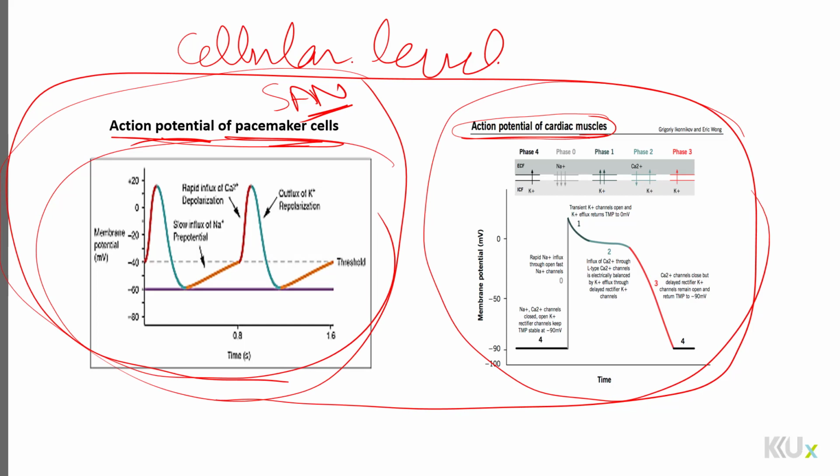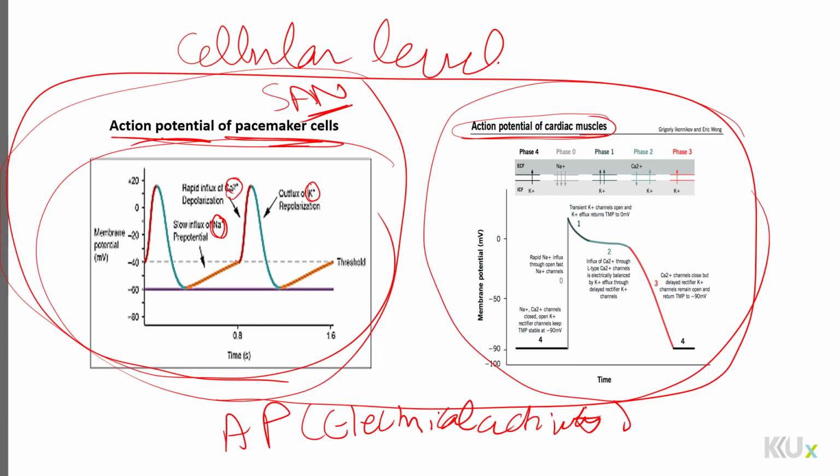What I want you to notice in both these figures, we will not enter into the details of these figures. I just want you to notice that the action potential or the electrical activity at the cellular level is nothing but movement of ions, specifically movement of cations that are sodium, potassium, and calcium across the cell membrane.